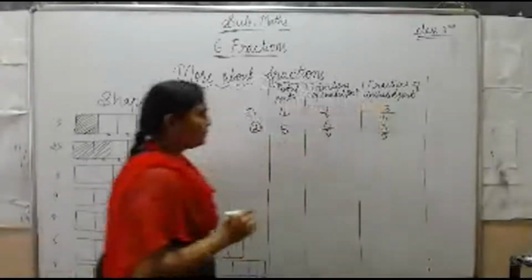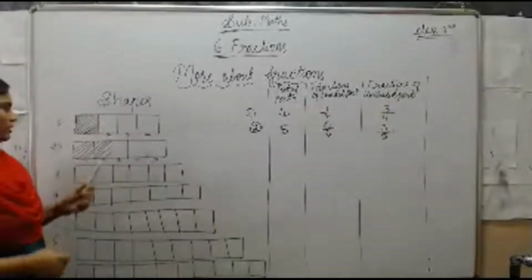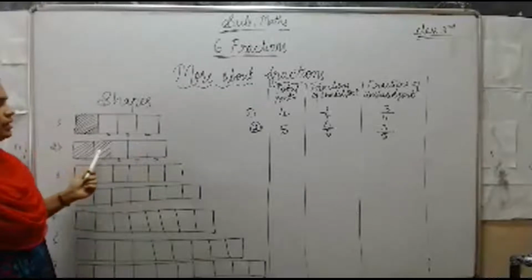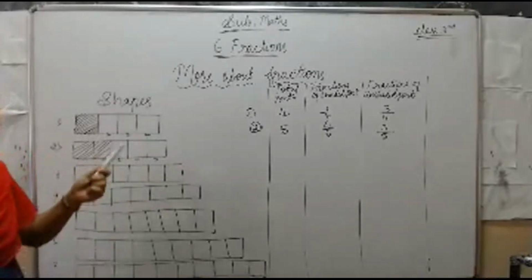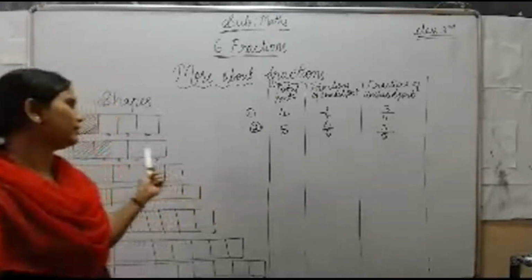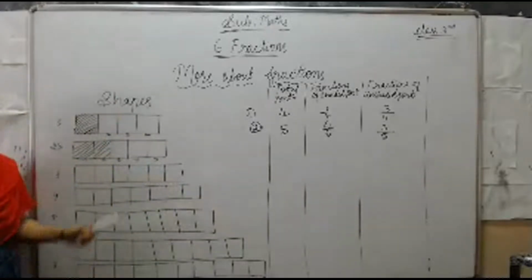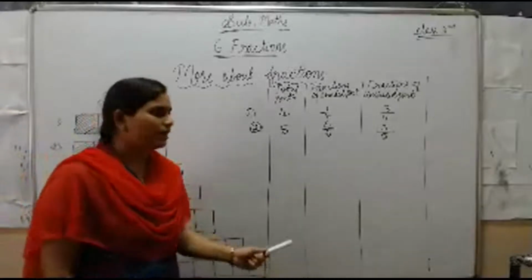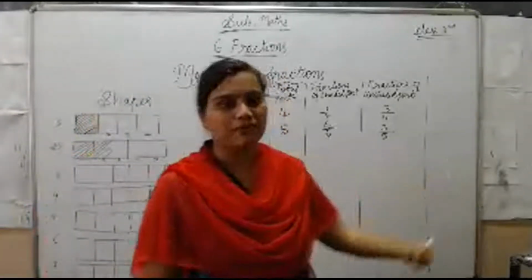Are you following me? Total number of parts 5. Shaded parts here 2, means 2/5 is shaded in this second shape, and 3 are the unshaded parts. We are writing this 3/5.